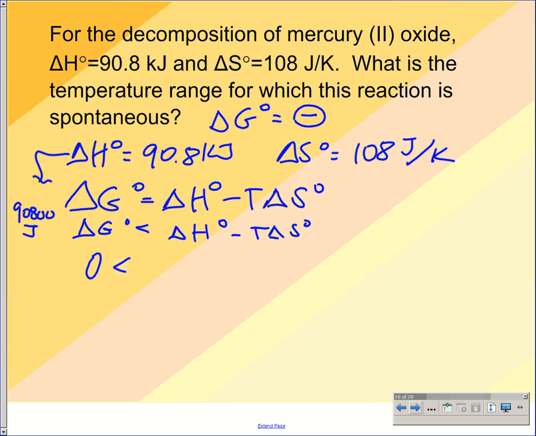So whatever this difference is going to be, it is greater than 0, because all we want to know is the temperature range. We don't want a specific T. Because for it to be spontaneous, you need ΔG to equal a negative number.